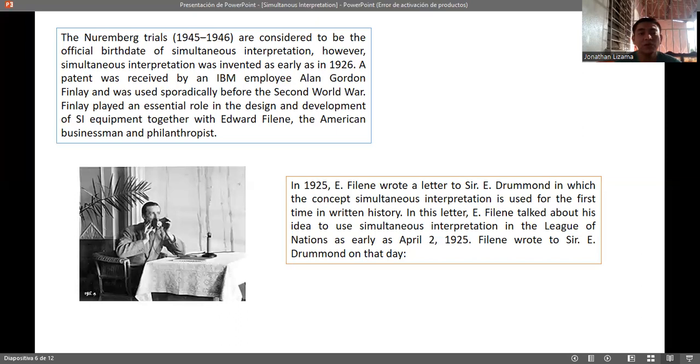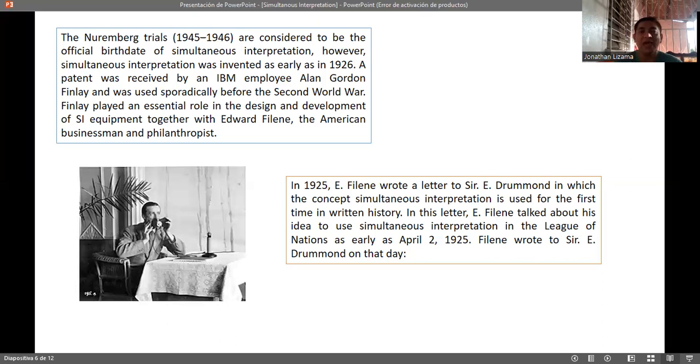Finlay played an essential role in the design and development of simultaneous interpretation equipment together with Edward Finlay, the American businessman and philanthropist.